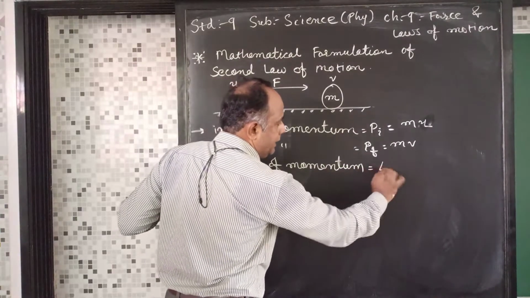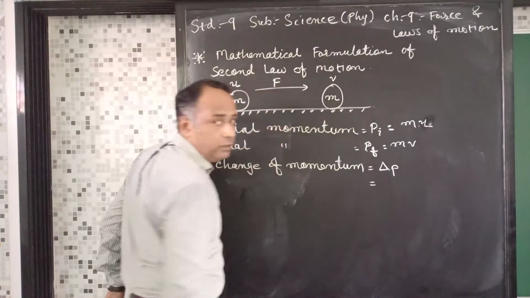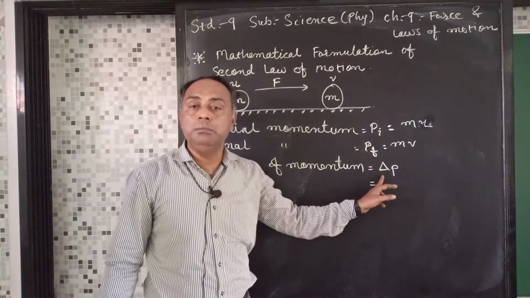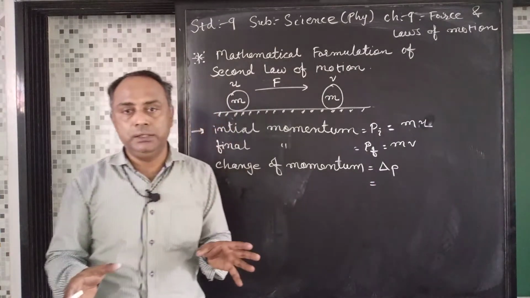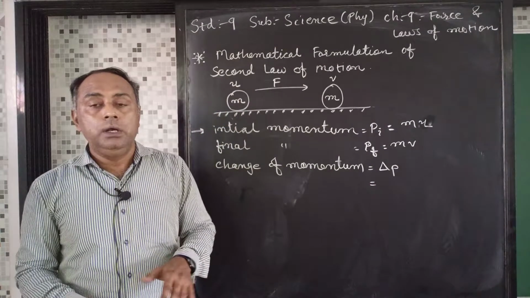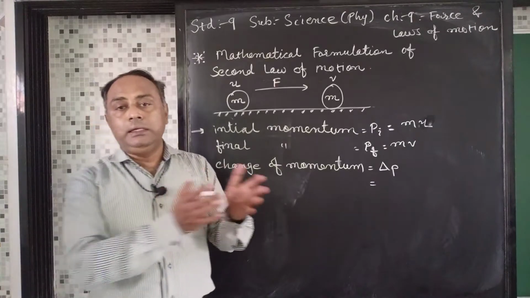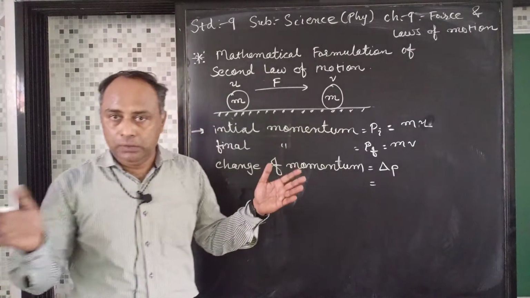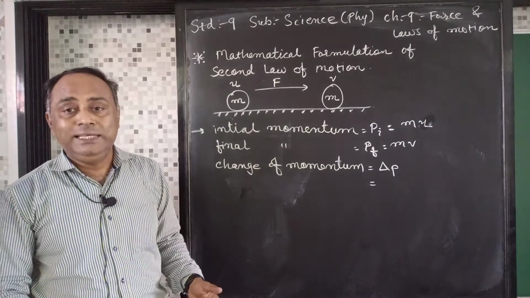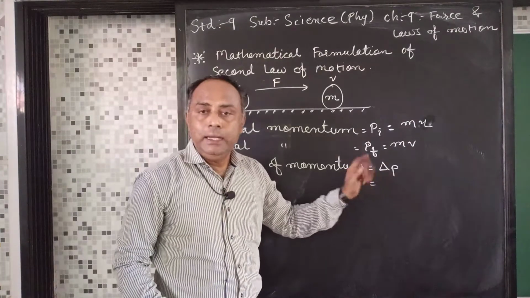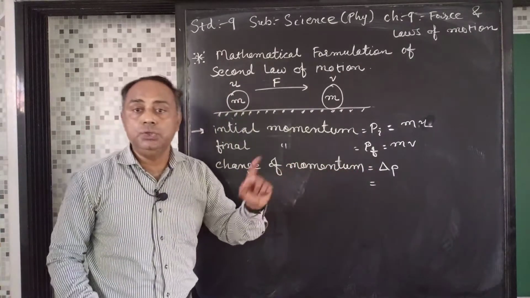That will be called delta p. Remember, the symbol delta shows change, the difference between the earlier and the later stage. So delta p means change of momentum.